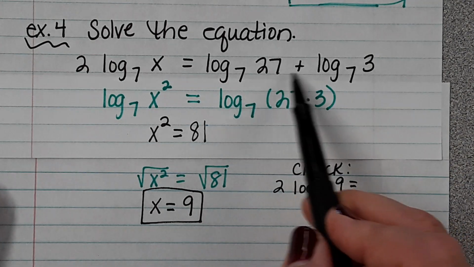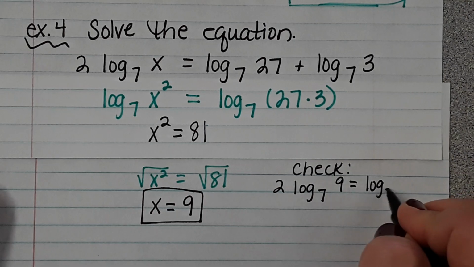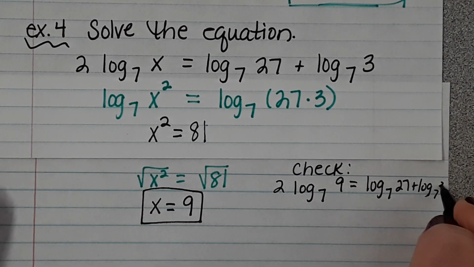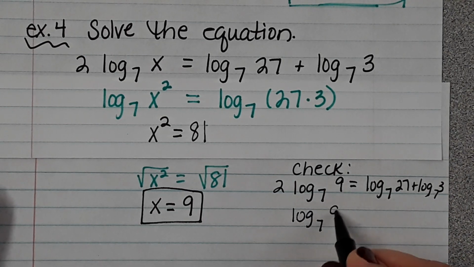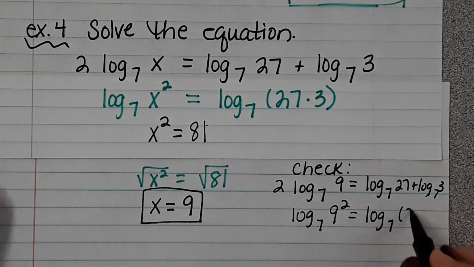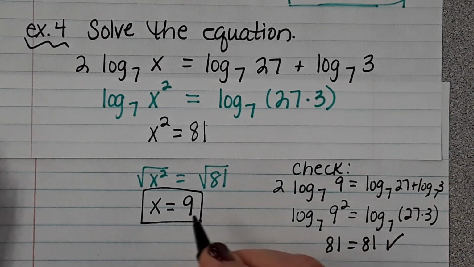There are no x's on this side of the equation, so we're just going to write log base 7 of 27 plus log base 7 of 3. This becomes log base 7 of 9 squared. This becomes log base 7 of 27 times 3. 9 squared is 81, and 27 times 3 is 81. So our answer is indeed 9.